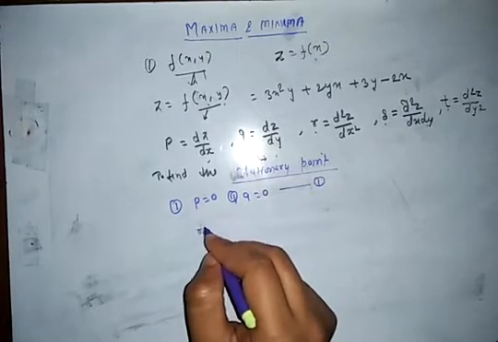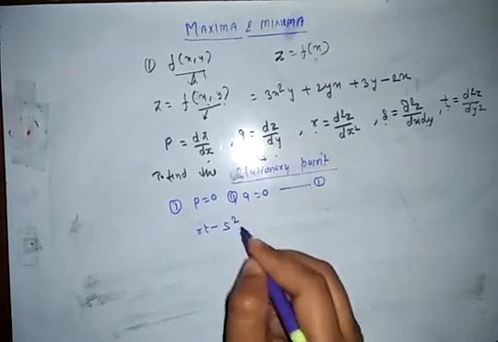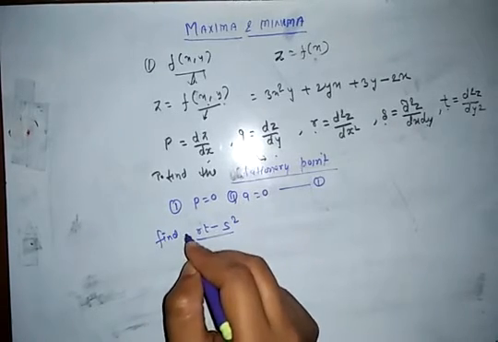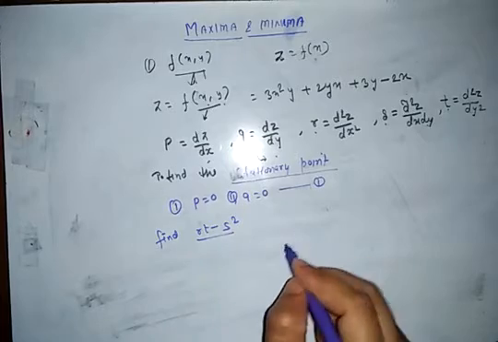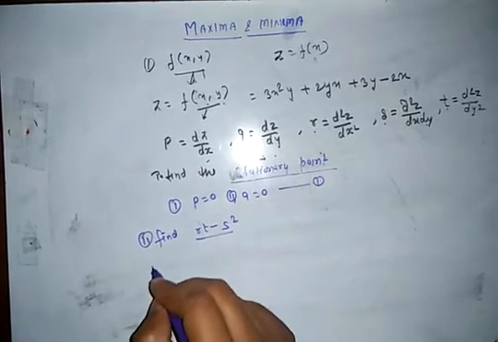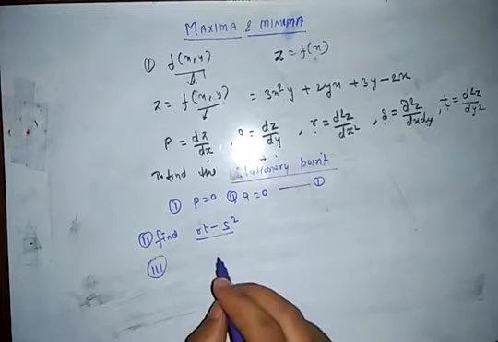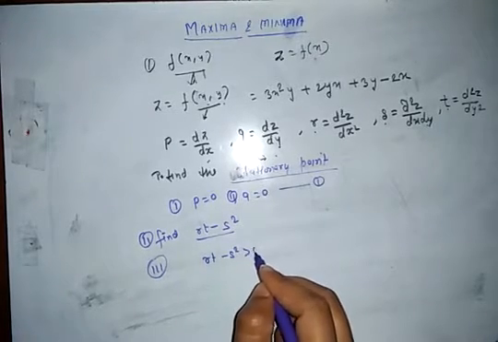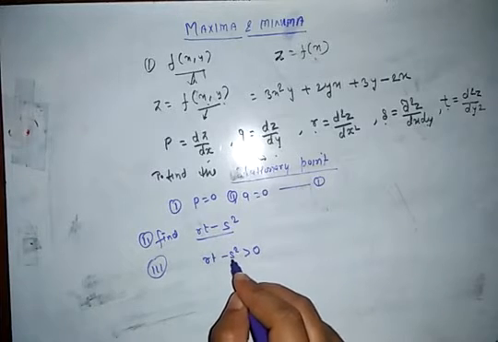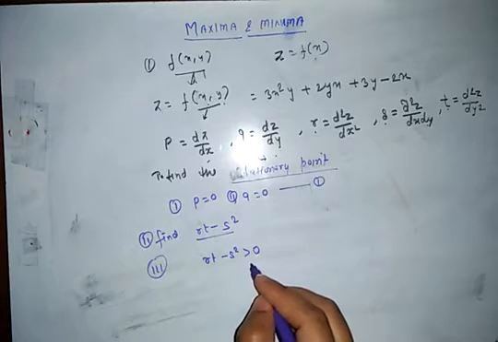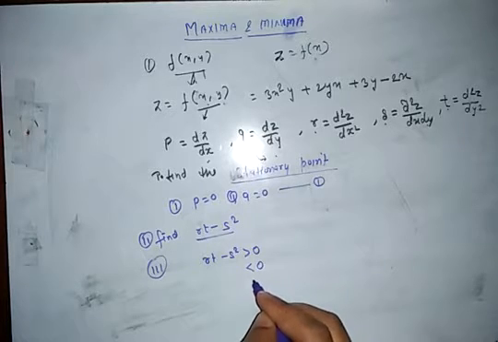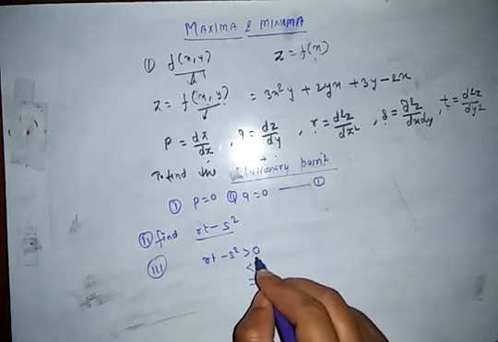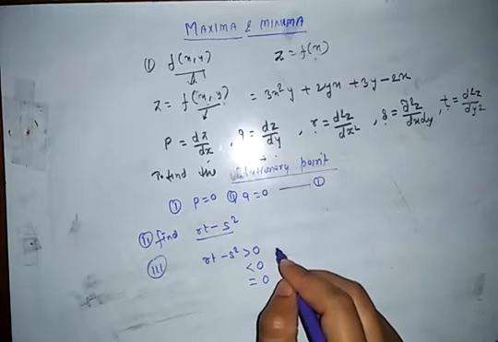then find rt minus s square, and in the third condition you apply rt minus s square greater than 0, less than 0, or equal to 0. What happens? See, when rt minus s square is greater than 0, then maxima and minima occur.